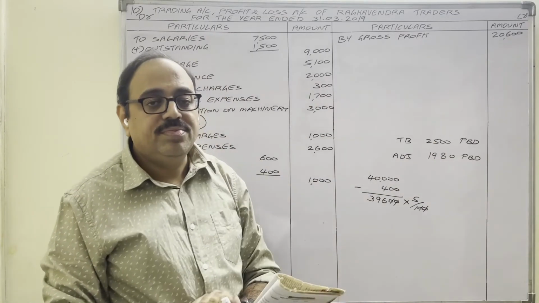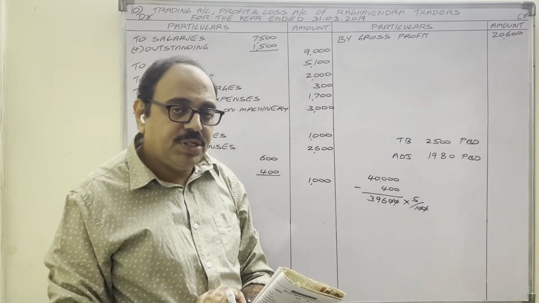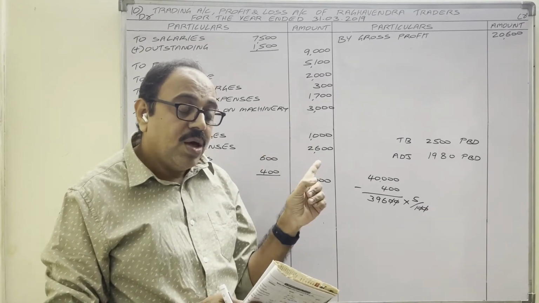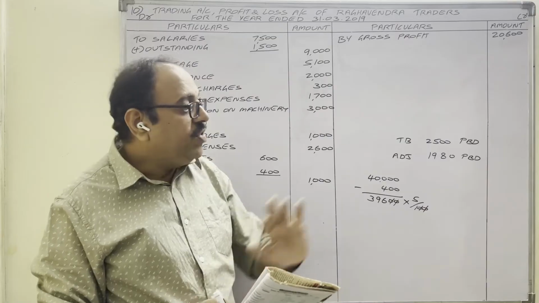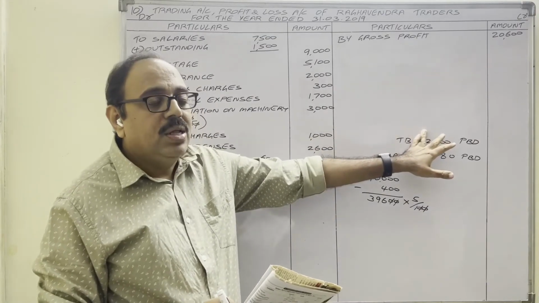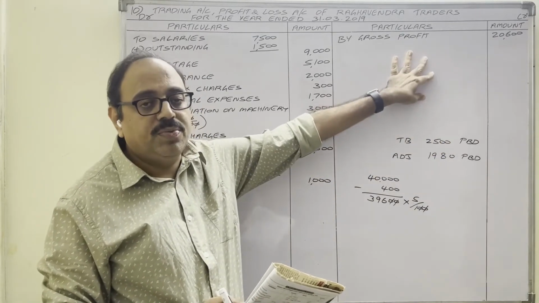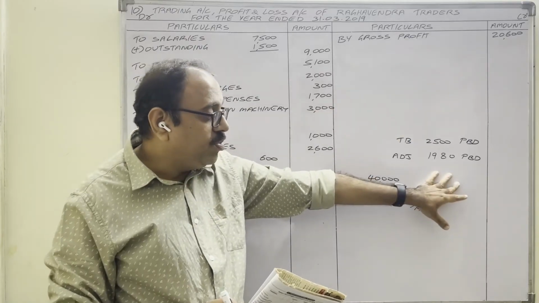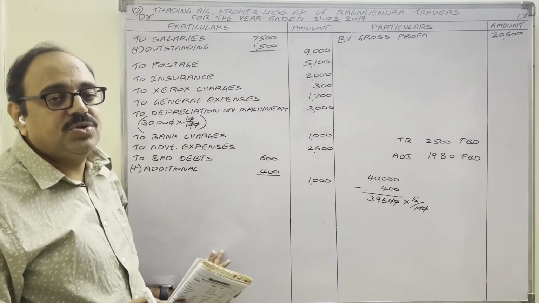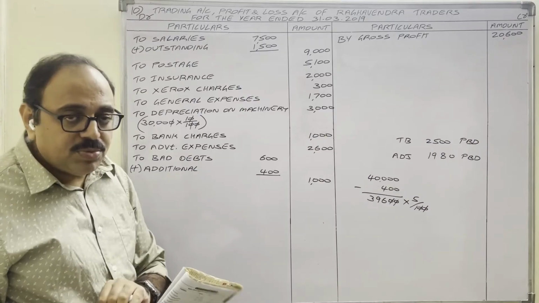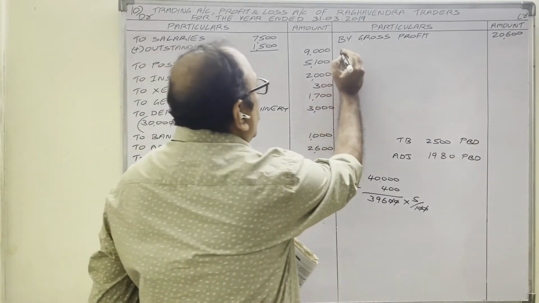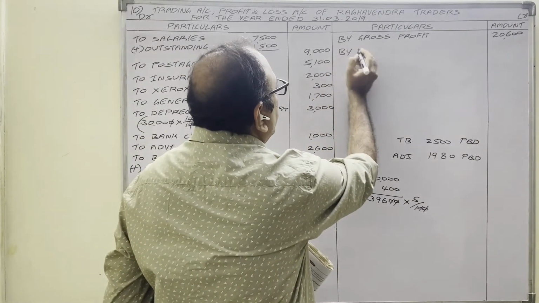Difference we have to show. Difference is 520 rupees. As a rule you remember, if a trial balance amount is more, that difference credit side we should show. If adjustment amount is more, difference debit side we should show. Now trial balance amount is more now, therefore, provision for bad debt we have to show on credit side.